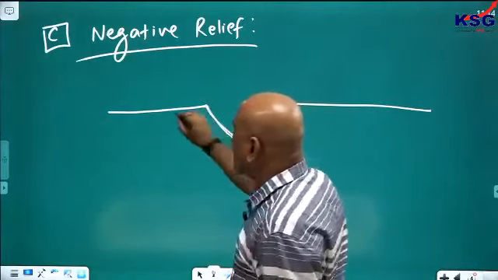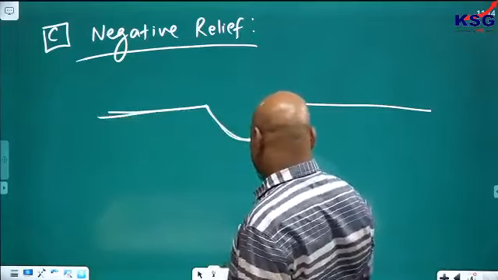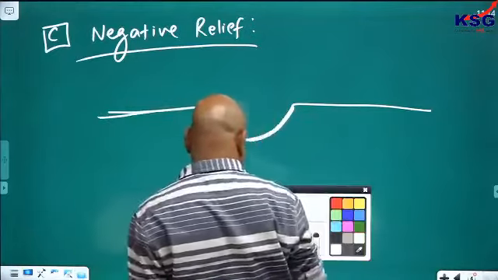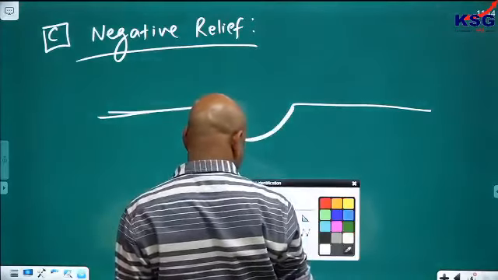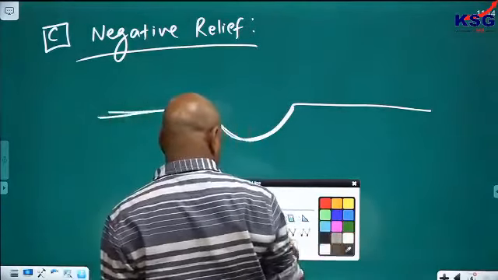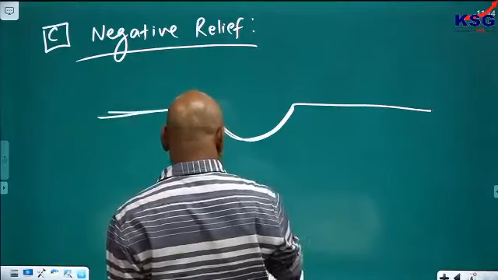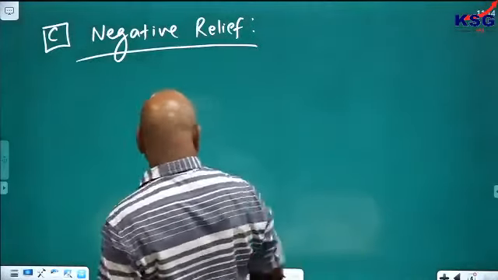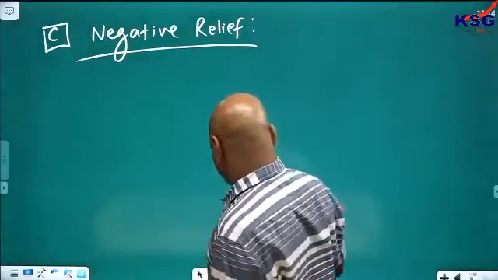This is a caldera. I did mention this in the last class, but let me draw how it will form, or else you may have some problem. Let me give you the diagram here.